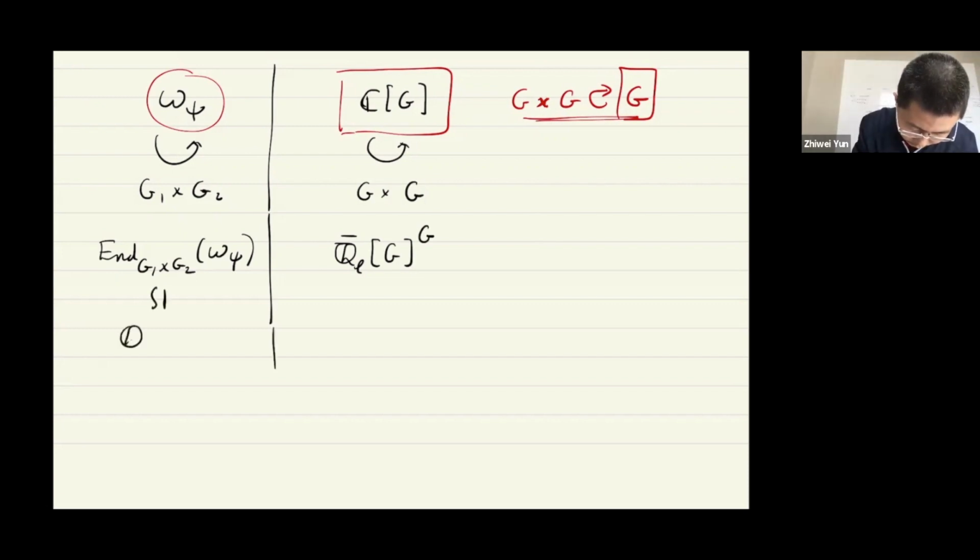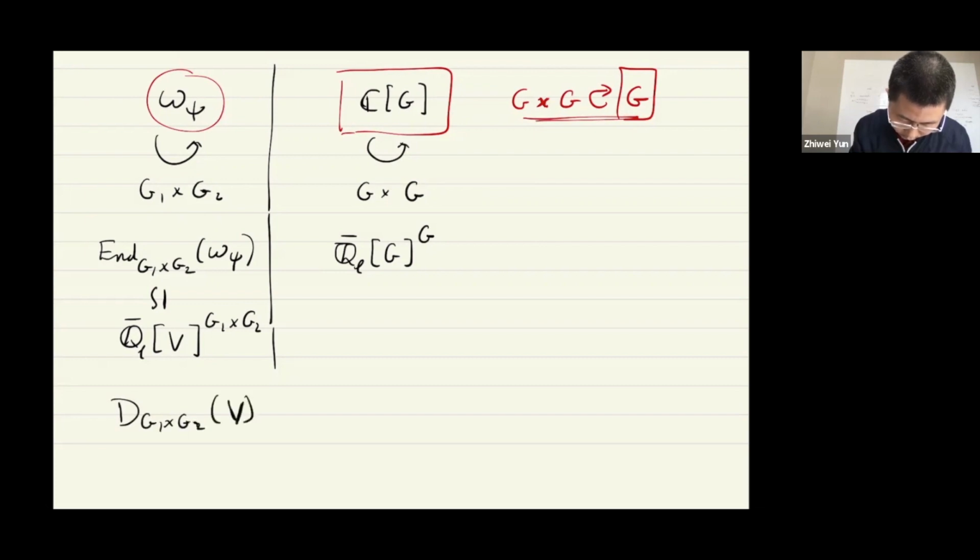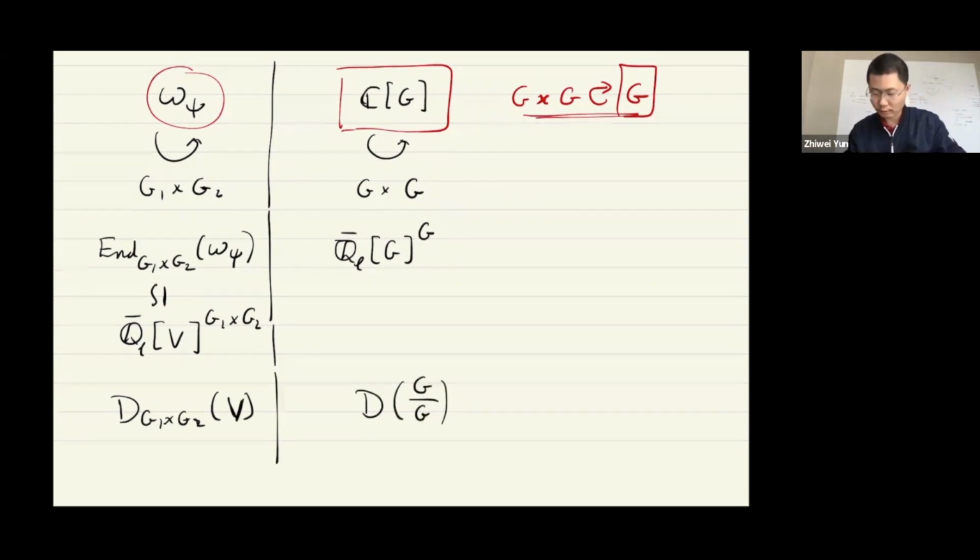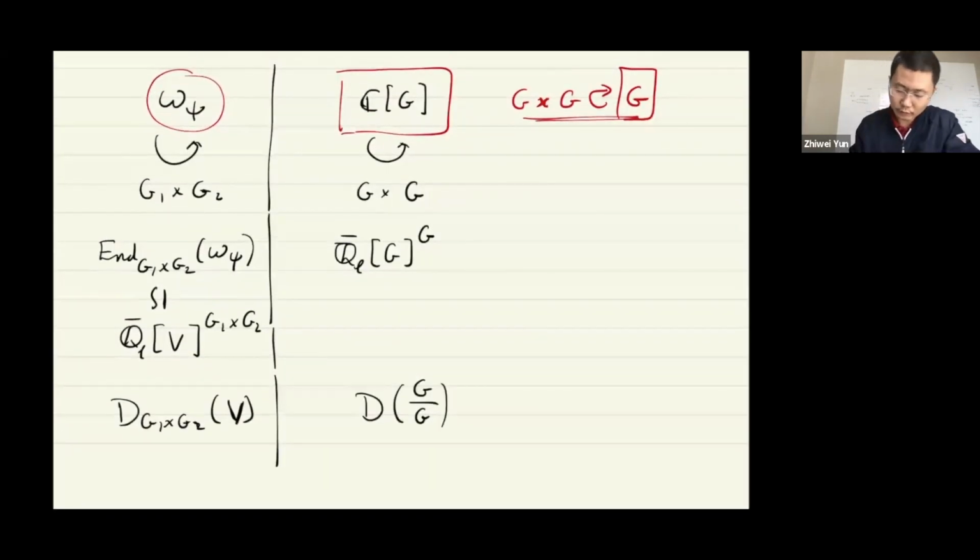This is identified with G1 times G2 invariant functions on V. So we want to get a collection of sheaves here. On this side, we want a collection of sheaves, the conjugation equivariant sheaves on G, and this is already achieved by Lusztig.